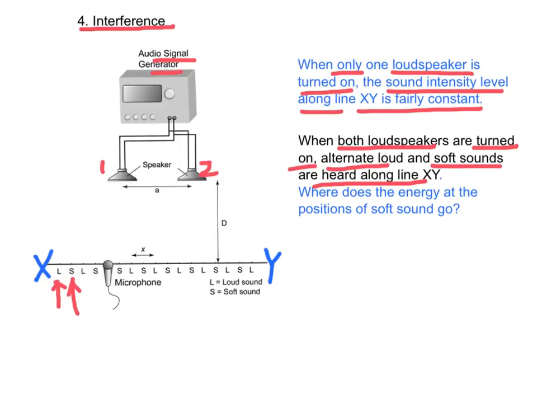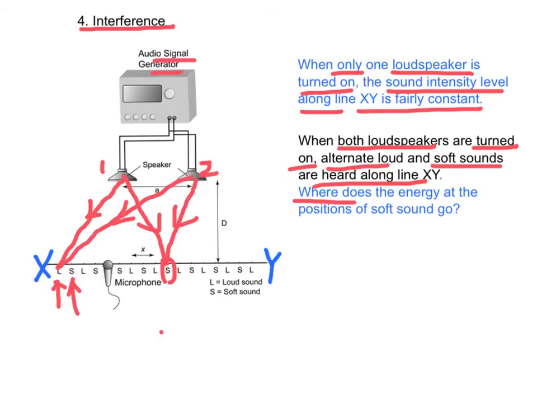The reason is that the sound waves produced by loudspeakers 1 and 2 add together. If they add together constructively, then a loud sound will be received. However, when the sound waves from 1 and 2 add together destructively, then a soft sound is heard. There's a question.